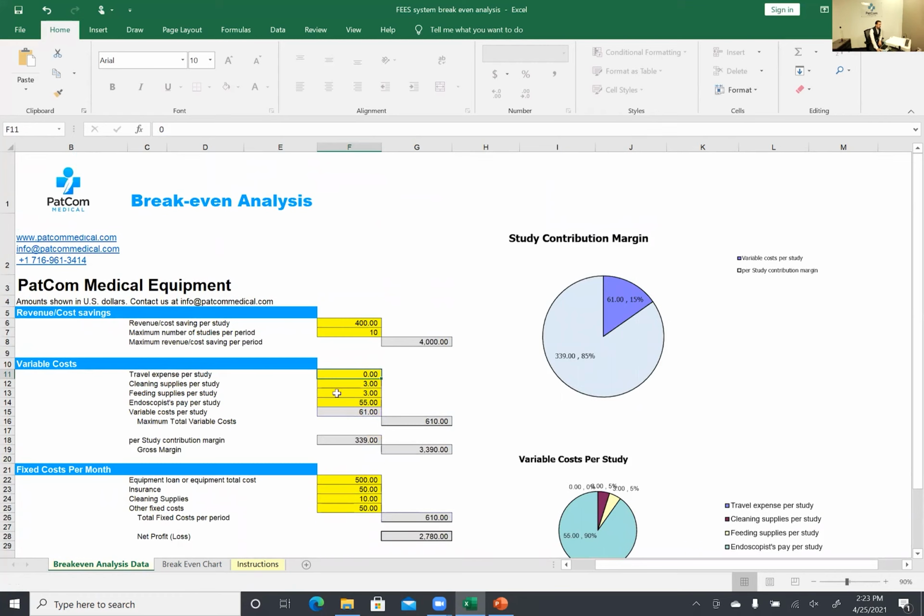Then we go on here, travel expense per study. So as a mobile fees provider, you're driving to the skilled nursing facilities, nursing home, etc., and driving back. And sometimes there's a lot of driving involved. What if you drive an average of, I don't know, 50 miles per facility that you meet? 50 miles.